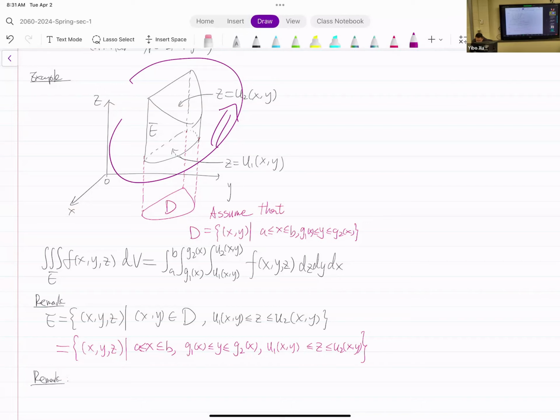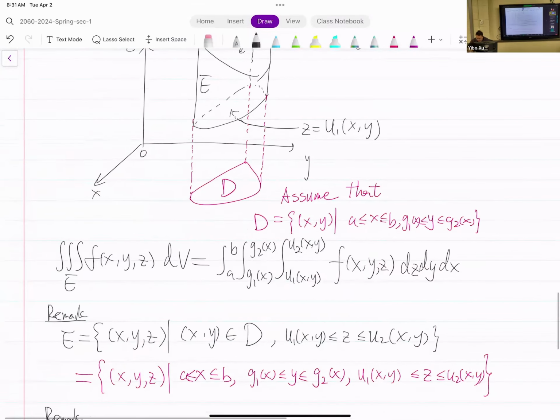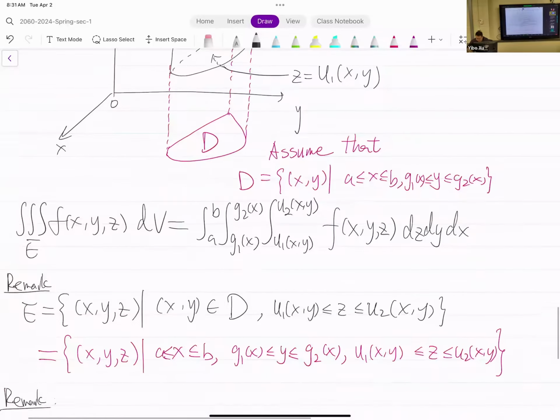We still call it D. It will give you a region in the YZ plane, and there will be upper and lower bounding surfaces also, but in terms of y and z, right? And also you can do that projection onto the plane on the left, which is the XZ plane. If you do the projection along that direction, that will be a different description. So there are different descriptions, and that's really up to what plane you're projecting onto. Okay.